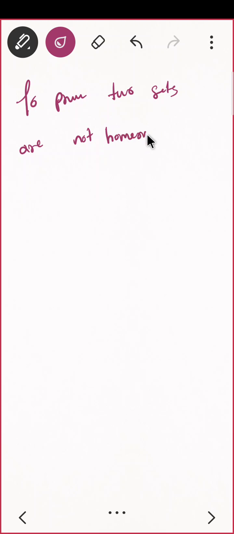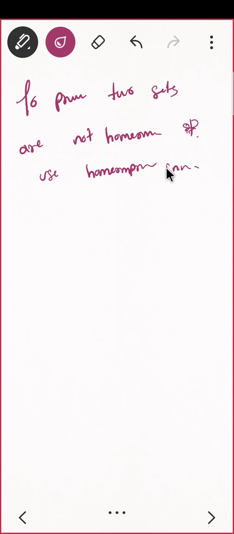To prove two spaces, or two sets, are not homeomorphic, it is easy to use a homeomorphic invariant. What do you mean by invariant?